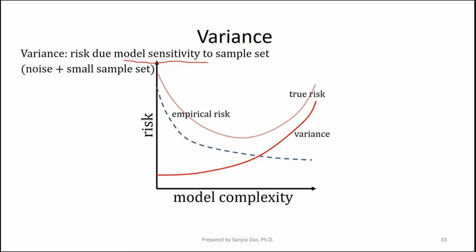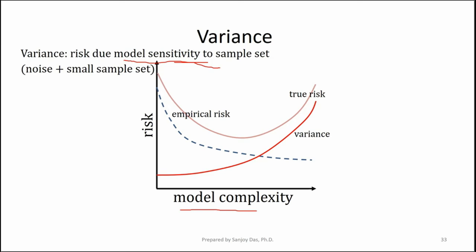And so what happens is, if the model complexity keeps increasing, then the model becomes very sensitive to all these quirks present in the sample set. The small size of the sample set begins to play a role.